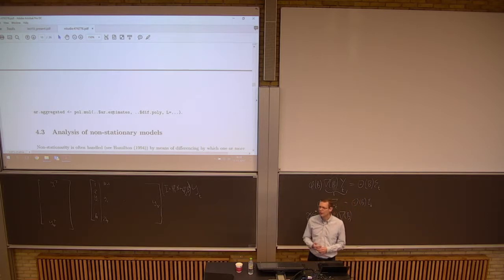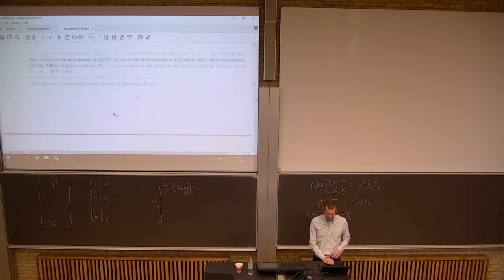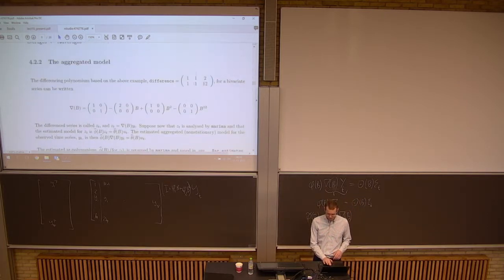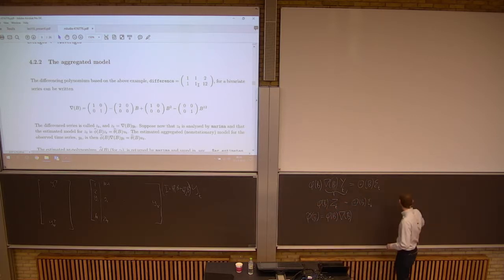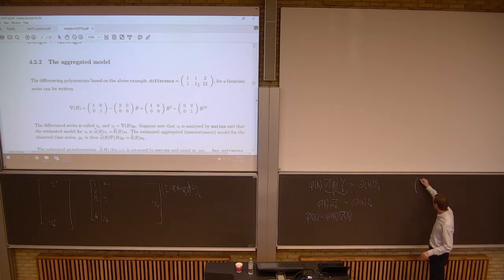Compact notation, 2 times 3 matrix. The second row was for the lags. Shouldn't it be a 2 then? Should it have an e to the power 2? No, because what happens here is just the columns of 1, 1, and then a column of 1, 1 again. I'll just write it like this.